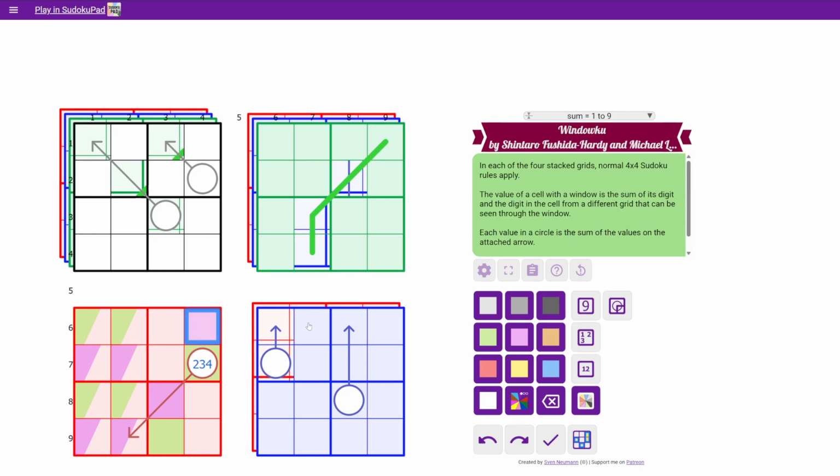And it can be 1, 2, or 3. This cell, aka this cell, it can't be 4.